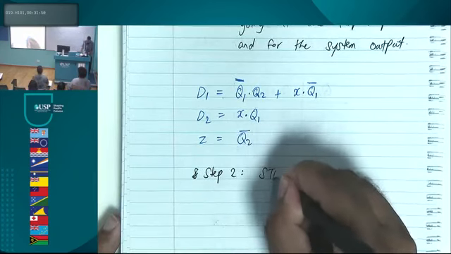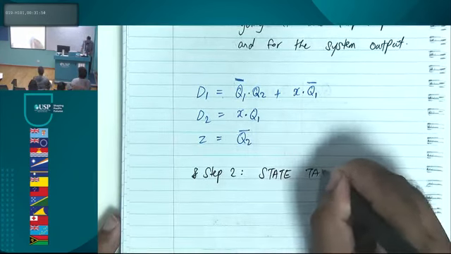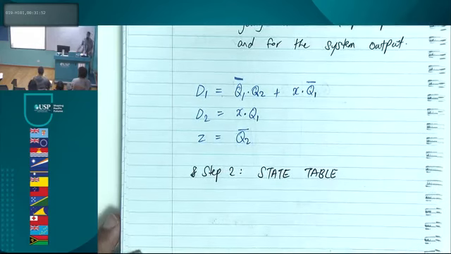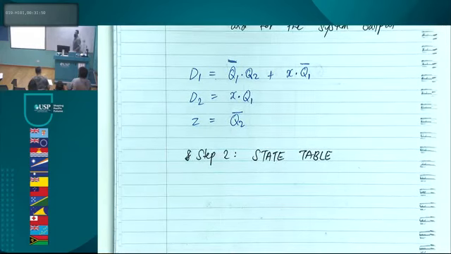Step 2 is something called the state table. This is not the truth table, although it is an extension of a truth table. It is an application of a truth table, right? So we're going to do a truth table, but for these flip-flops.